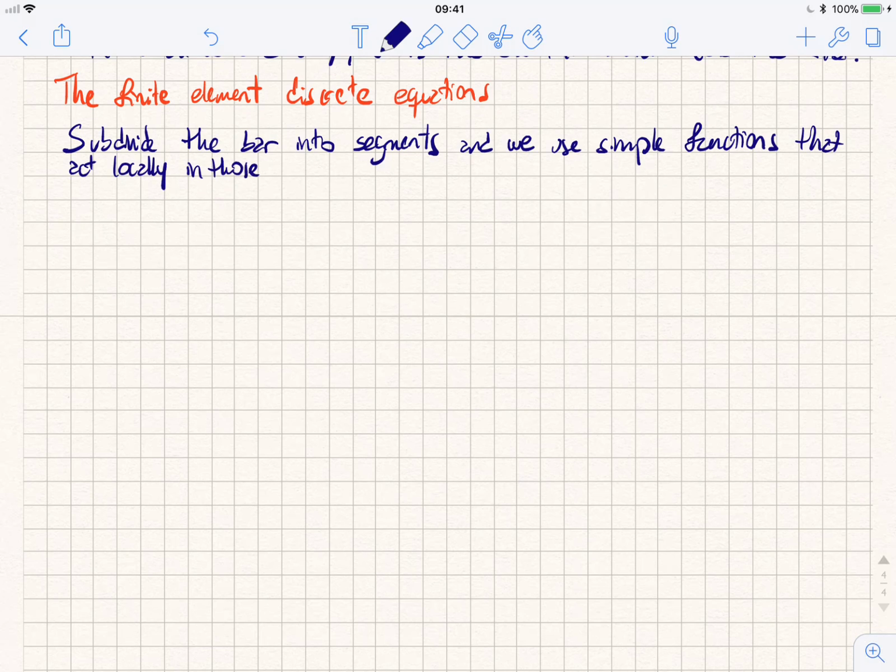Not globally anymore, locally. So let's see how that works. This is our bar.